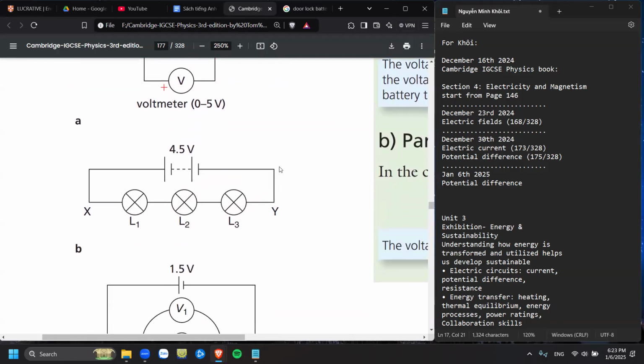Now, let's say you have a 4.5 volt source like this, many batteries connected together, and you have three light bulbs like this. Of course it's the same current flowing through them, isn't it? But at each of these lamps, it eats up a little bit, right? It's just like Snow White going to the house of the seven dwarfs, and she's like, "Oh my God, there's a lot of food.